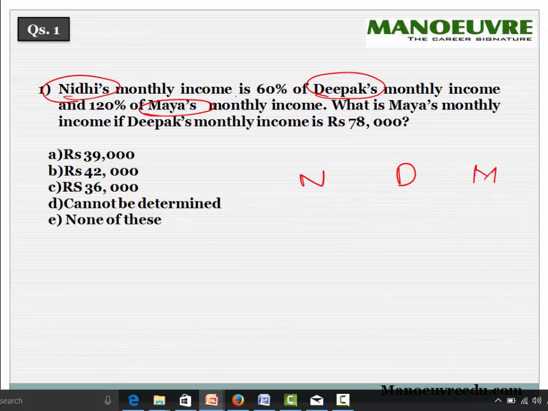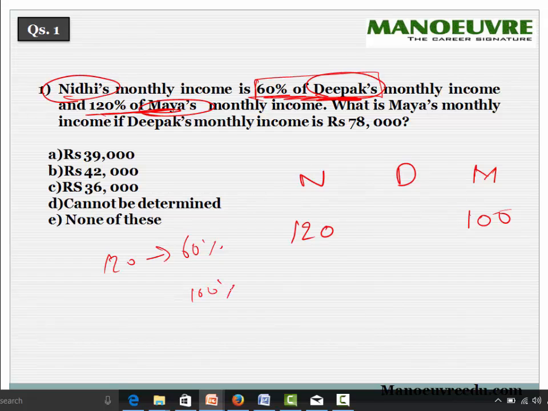Now the question is Nidhi's monthly income is 60% of Deepak's monthly income and 120% of Maya's. So if I say Maya's monthly income is 100, Nidhi will be 120, and the question is saying Nidhi's is 60% of Deepak's monthly income, which means 120 is 60%.